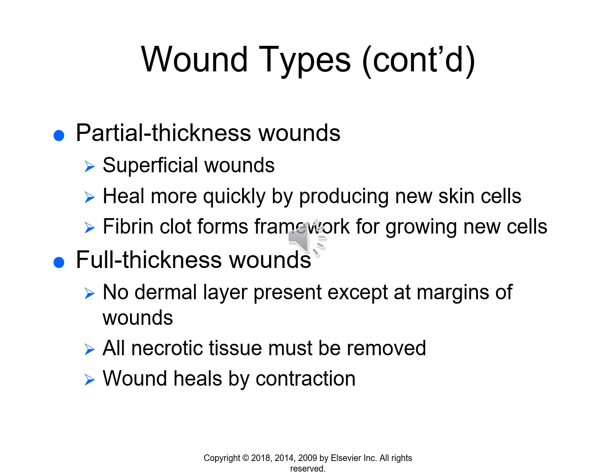With your full thickness wounds, you can get necrotic tissue or slough, which is dead tissue. And in order for the wound to heal, all that dead tissue has to be removed from the wound for it to be able to heal appropriately.